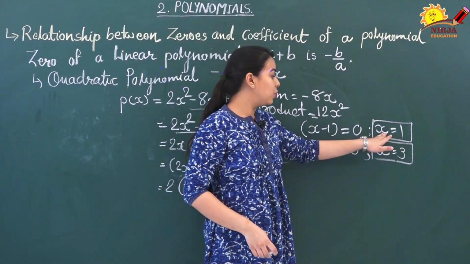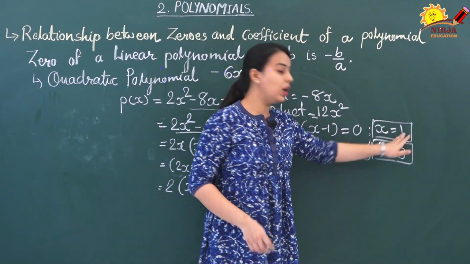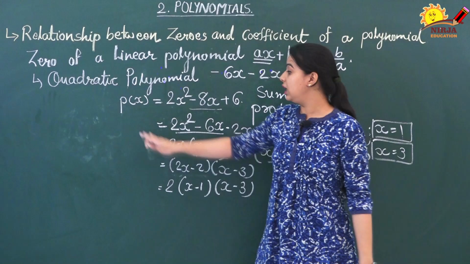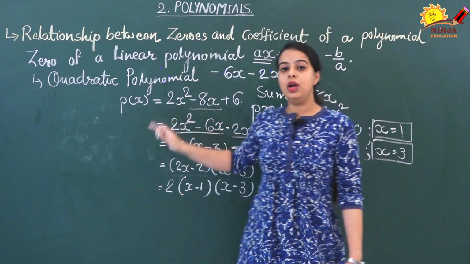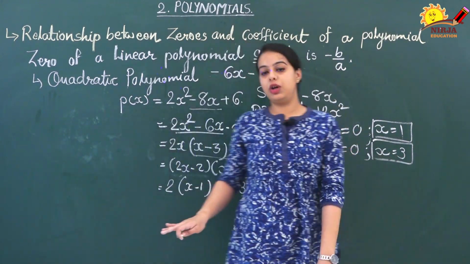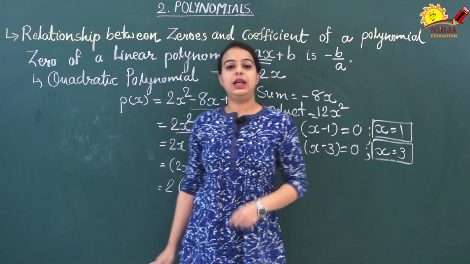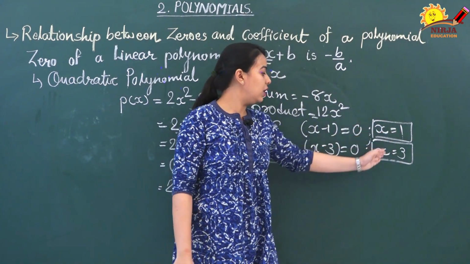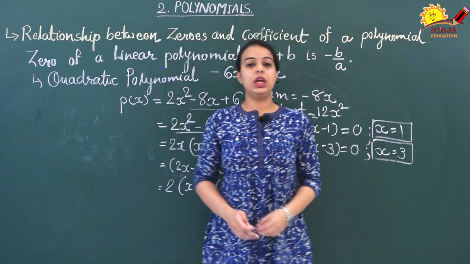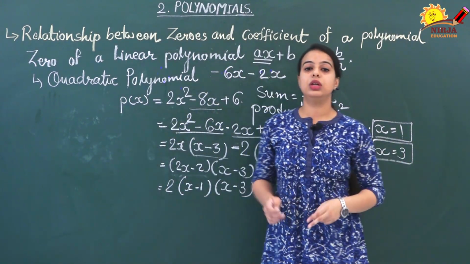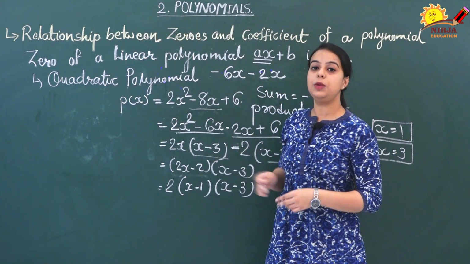Why? Because by putting x as 1 over here, we get p of x equal to 0, and by putting 3 also over here, we get p of x as 0. So we can say x is equal to 1 and x is equal to 3. That means 1 and 3 both are zeros of this quadratic polynomial.